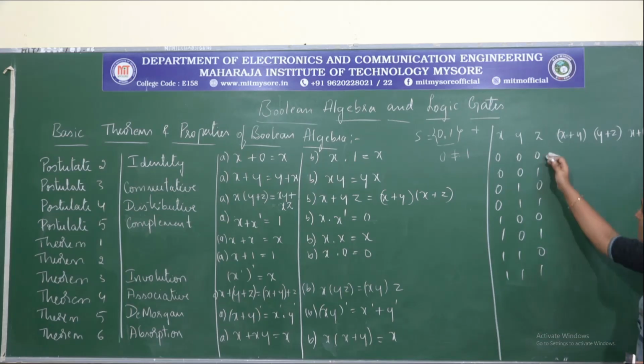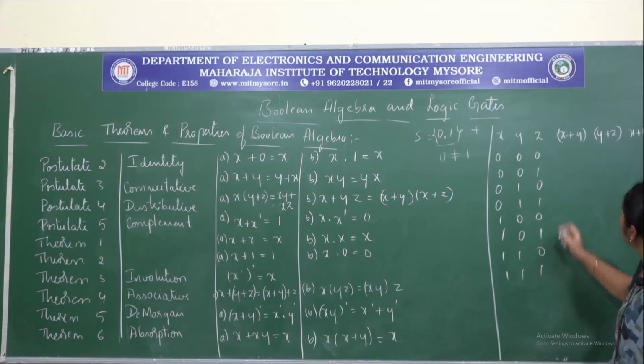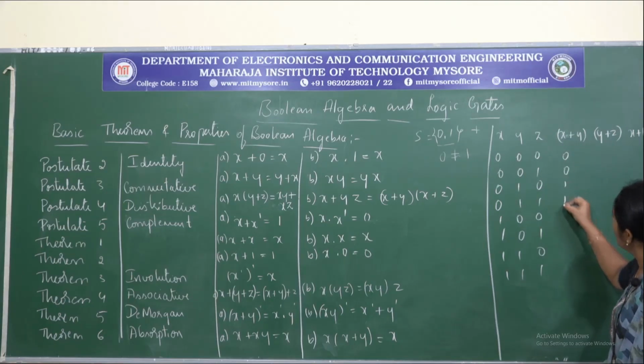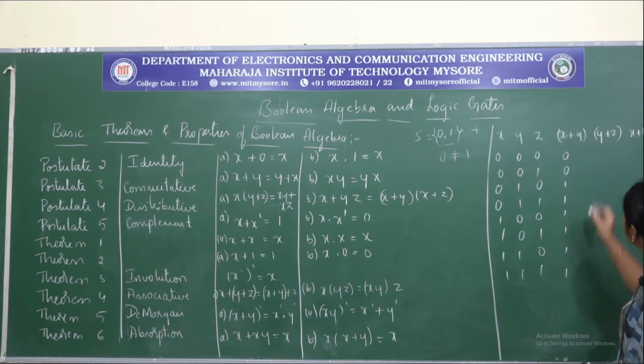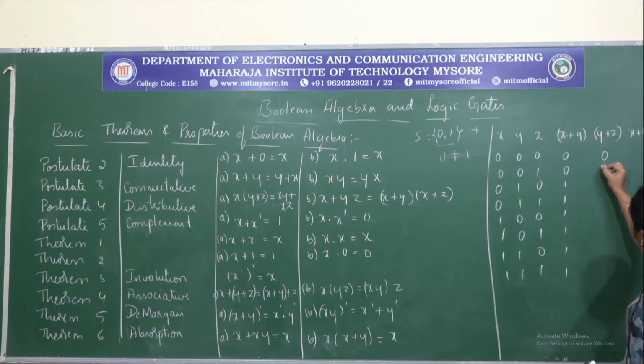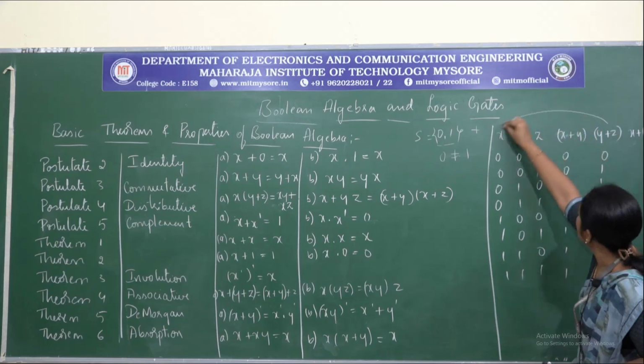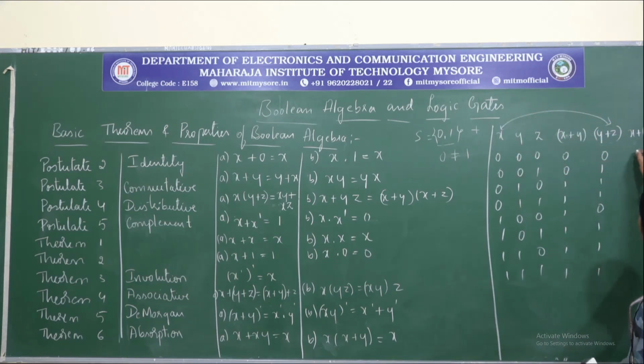The possible combinations are 0 0 0 up to 1 1 1. Now x or y is 0 0 1 1 1 1 1 1. y or z is 0 1 1 1 0 1 1 1. Now x plus yz, the first column entry is 0 1 1 1.